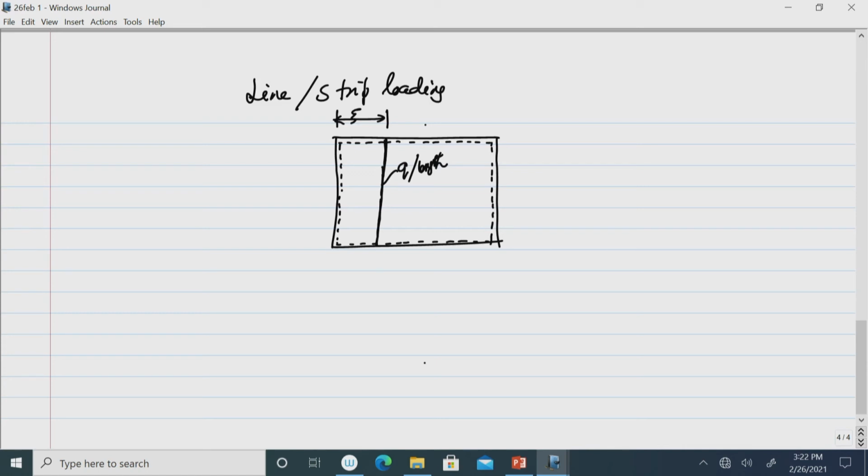So, in such cases the load q(x,y) is defined as q, okay, then the Dirac delta function x minus xi, where q represents the intensity along the line. So, this is the load representing a strip loading on the plate.